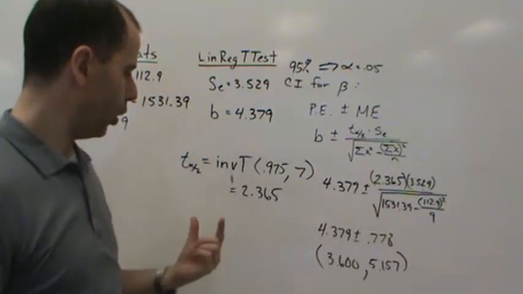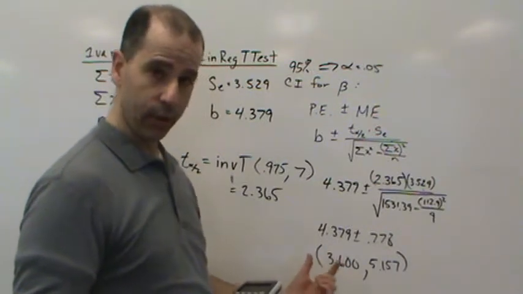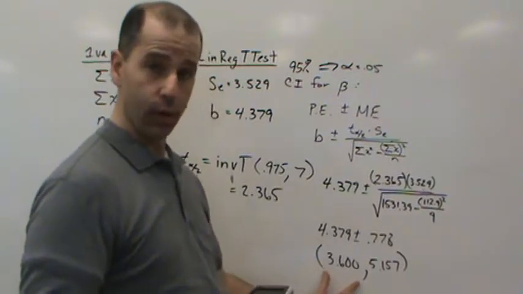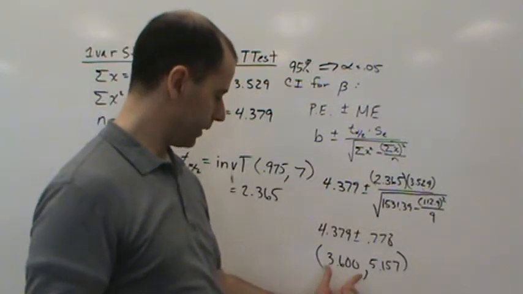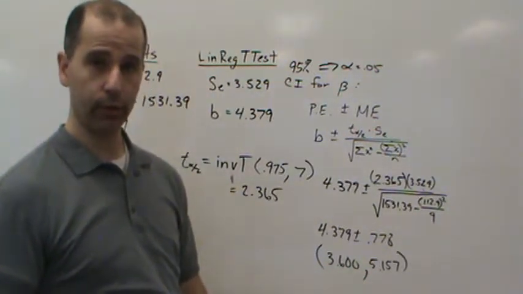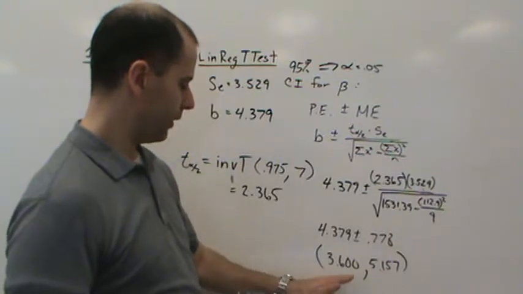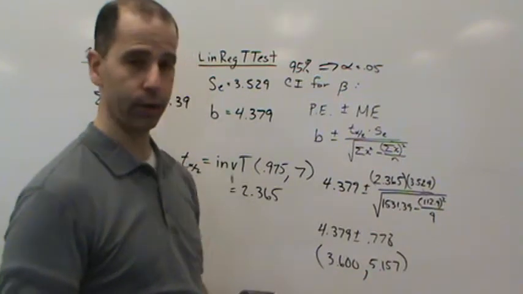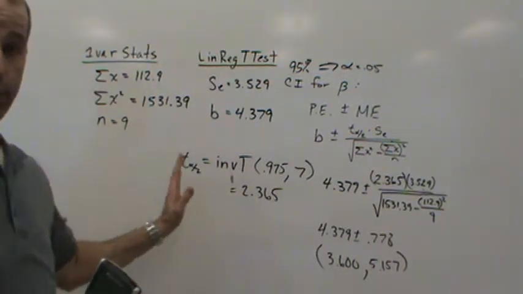So with 95% confidence, the true yield increase for every inch of rainfall every year is somewhere between 3.6 bushels per acre and 5.157 bushels per acre. And that's the interpretation.